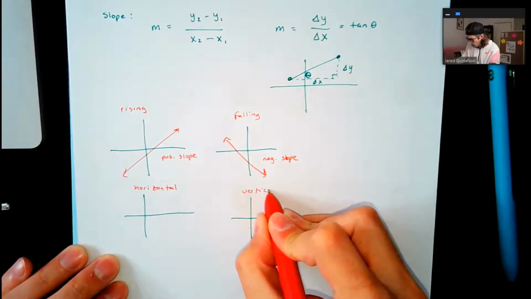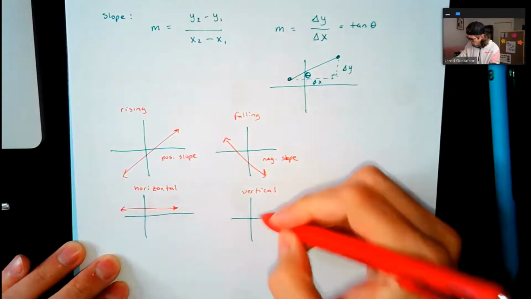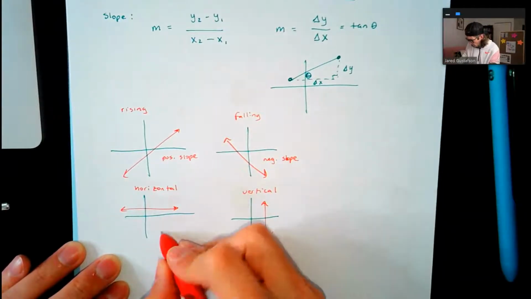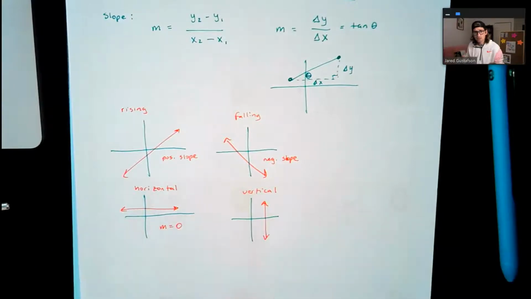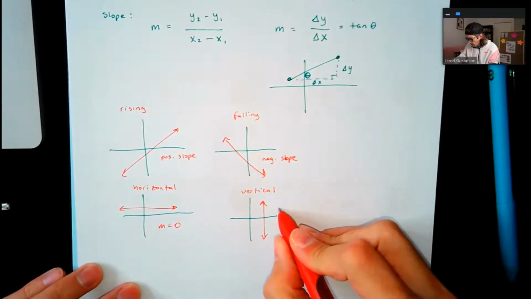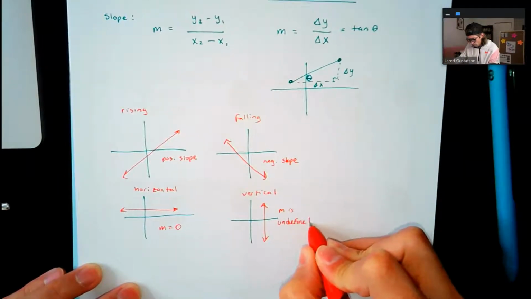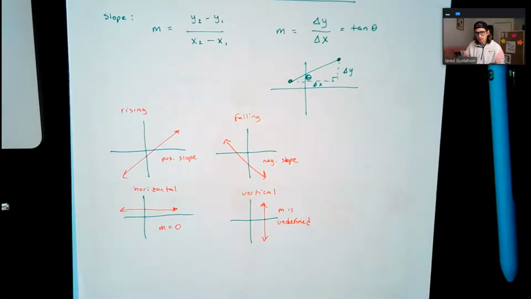I know you know what they look like, but what do we know about their slopes? For horizontal, the slope is 0. There is all run, no rise. And then for vertical, since it's all rise and no run, the slope is undefined. Recall that a vertical line is not a function. It doesn't pass the vertical line test.